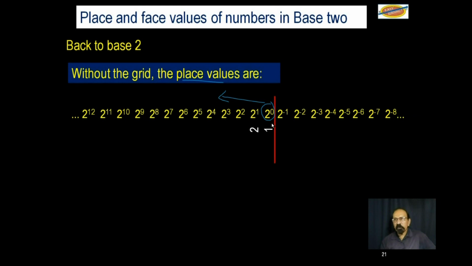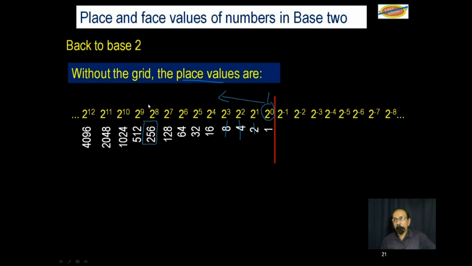So this position here is 1, next position is 2, next position is 4, 8, and so on, 16, 32, 64, and so on. That is to say, if you expand 2 to the 8, you will get 256. So that's the place value. Over here, you go down half, quarter, 1/8, 1/16, and so on.